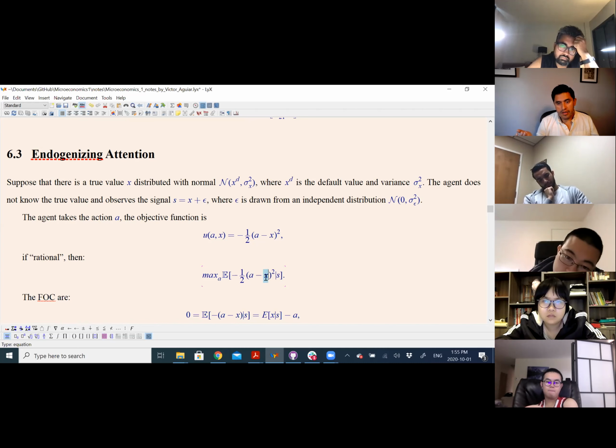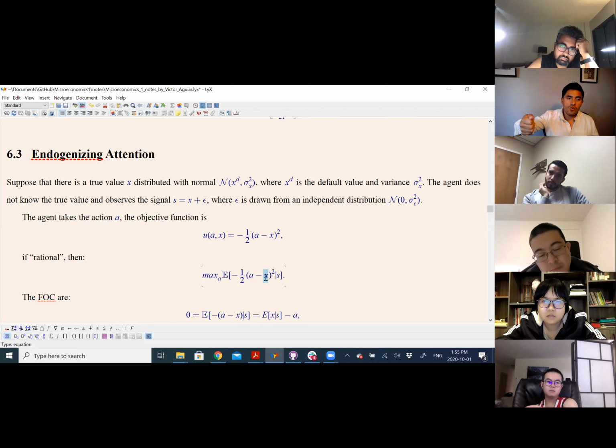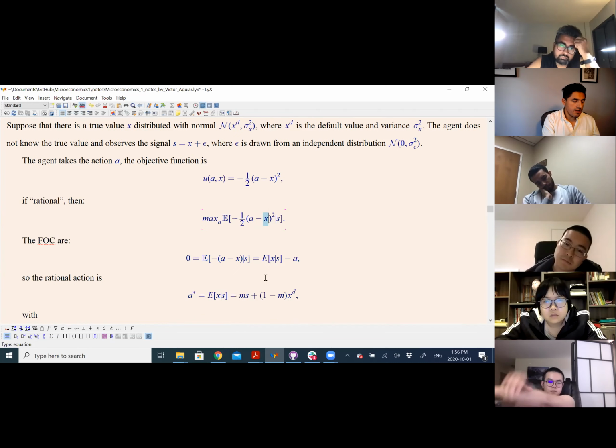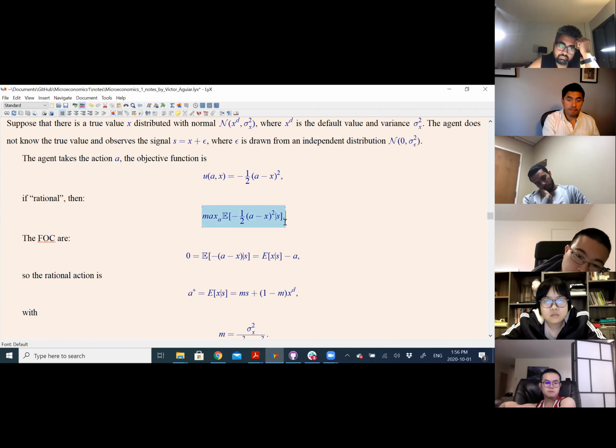The idea is that you start with a prior probability over something, and then you receive a signal, and then you update the probability of the object of interest, in this case X, conditional on the signal. This is the posterior probability. So in particular, if I solve this problem, if I maximize this problem here, then the action is going to be given by the first order condition.